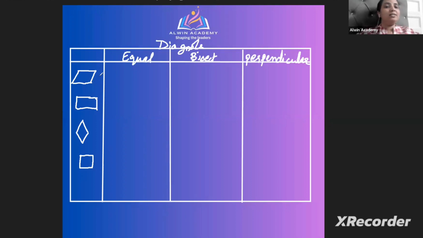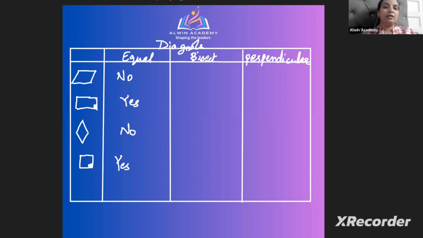Are the diagonals equal in a parallelogram? No, they are not equal. In a rectangle? Yes. In a rhombus? No. In a square? Yes. So where are they equal? Whenever you have 90 degree angles, the diagonals are always equal. Got it, Betaji?